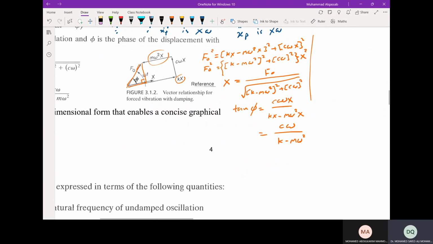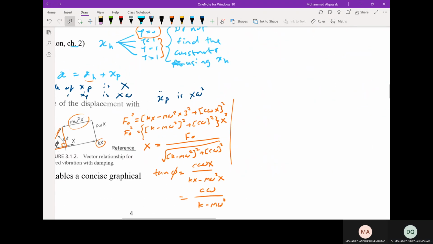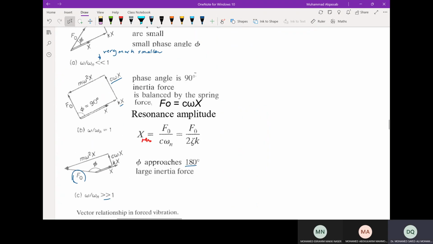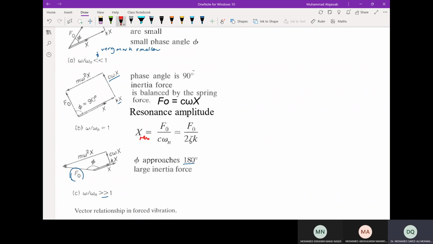Let me just take this on one side. So at resonance we will have xk over F naught equal to 1 over the square root of C omega squared.